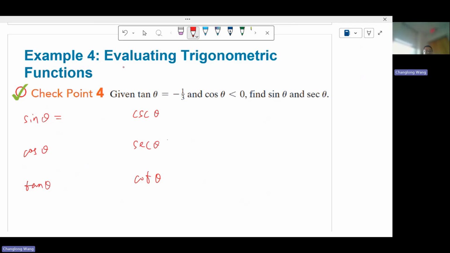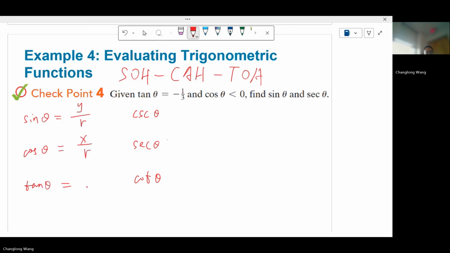So SOHCAHTOA, again, SOHCAHTOA. Sine is opposite over hypotenuse, so opposite is y, hypotenuse is r. Cosine is adjacent over hypotenuse. Tangent is opposite over adjacent.